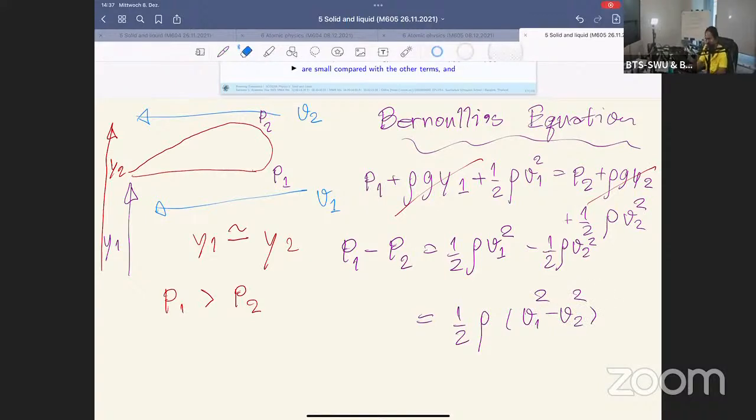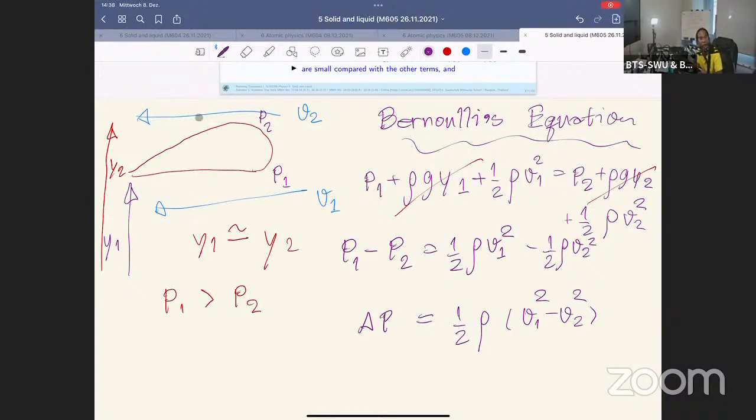And that's it. That's the delta P, the pressure difference between the location under the plane and the location above the plane.